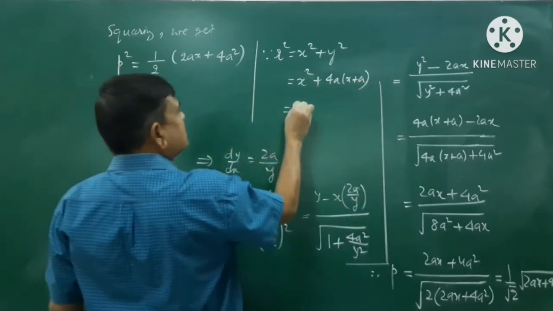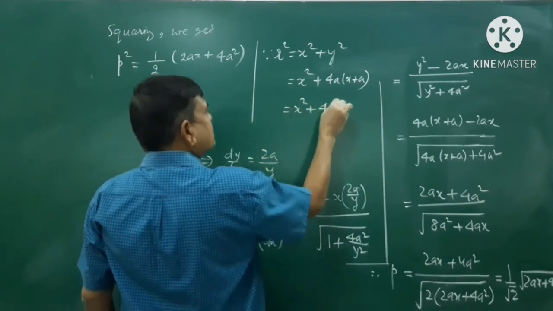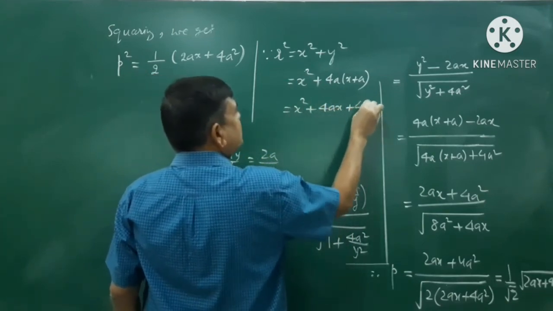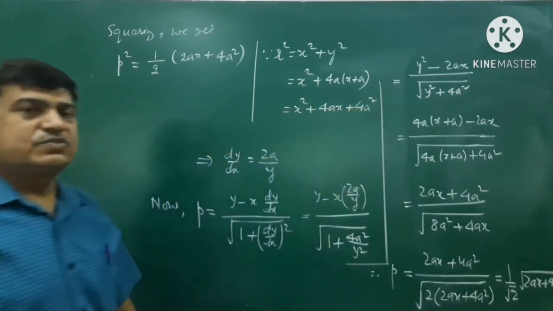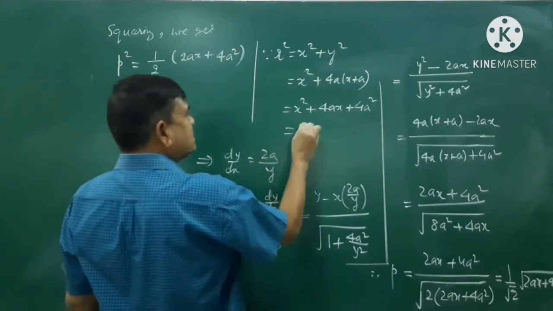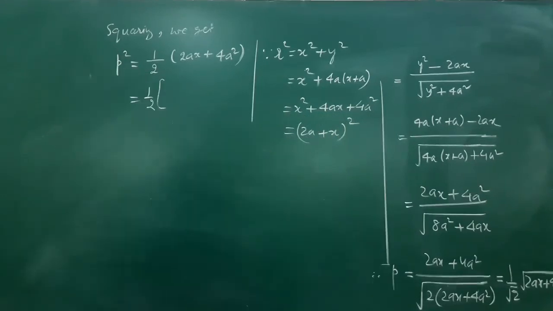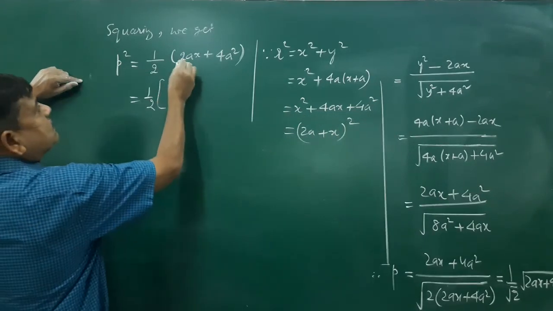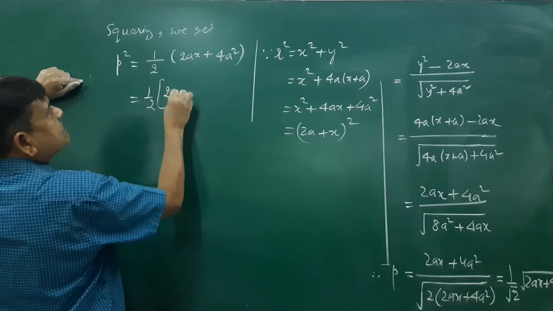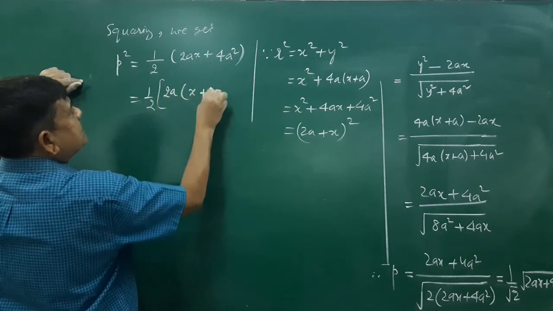So this is x square plus 4ax plus 4a square, and this is 2a plus x whole square.